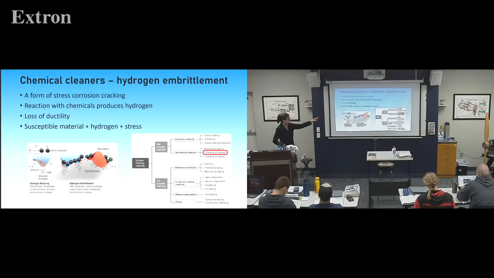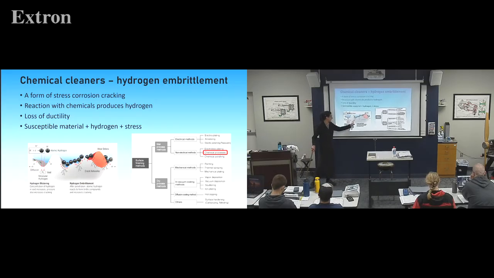So susceptible material plus a chemical that produces hydrogen plus stress leads to hydrogen embrittlement. So we've got a chemical, it somehow imparts hydrogen atoms to the surface, the chemical reacting with the material. Okay, it pulls essentially hydrogen atoms out of the chemical, puts it onto the surface.